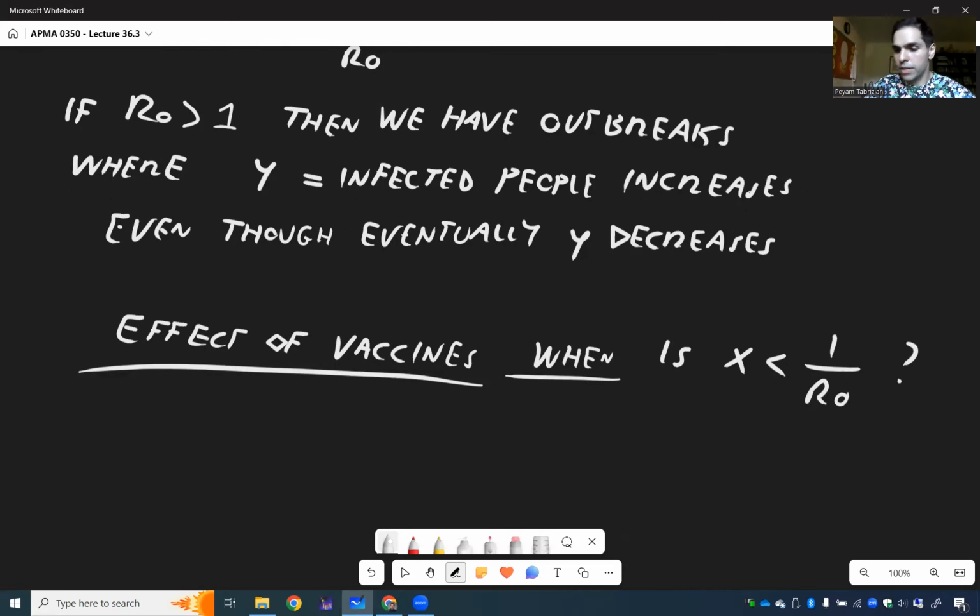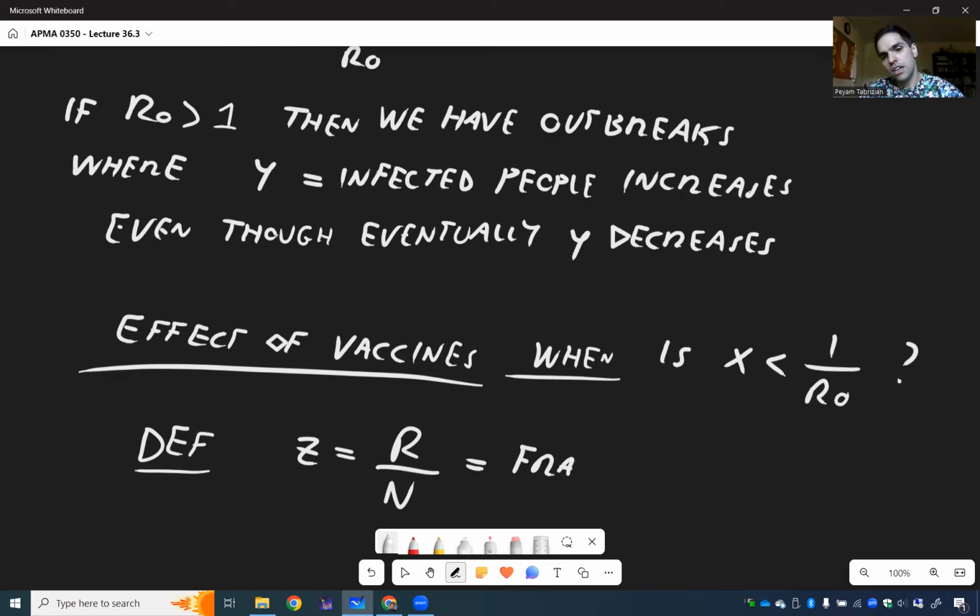When are we in the stable region? And for this, we need to actually define the proportion of recovered people. So z is R over N, which is the fraction of recovered people.